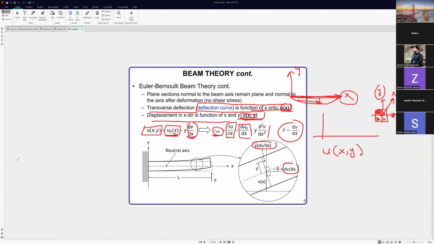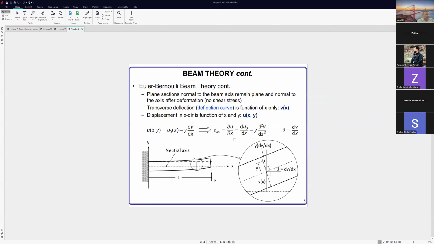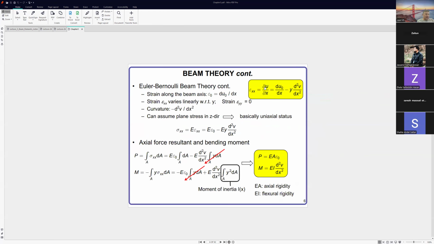So now we have epsilon xx equal to del u over del x, which is del u naught over del x minus y d squared v over dx squared.